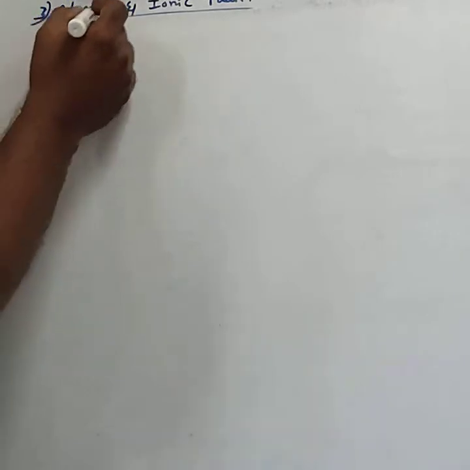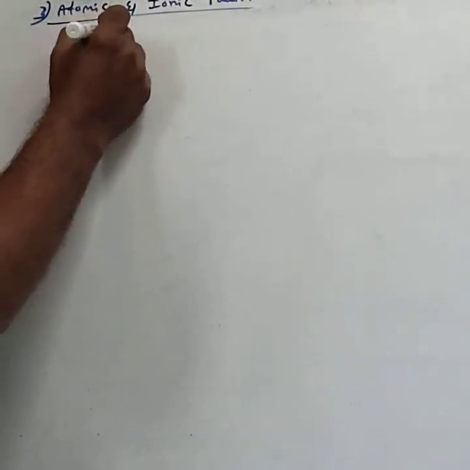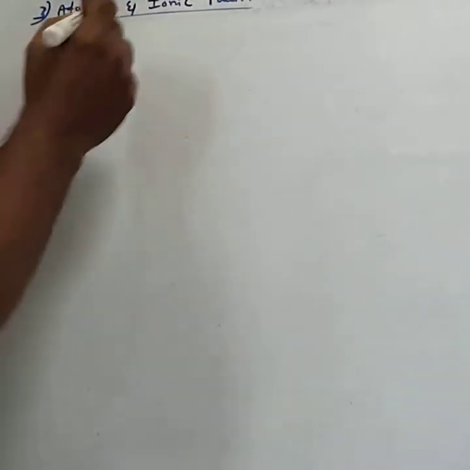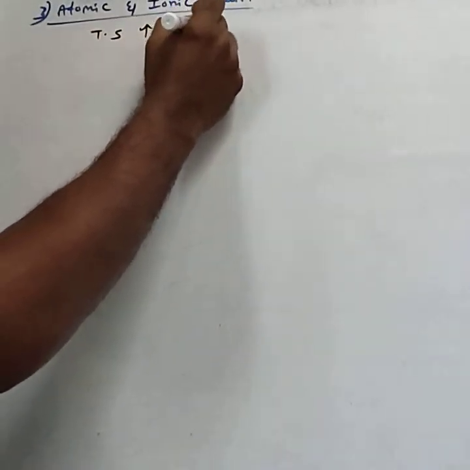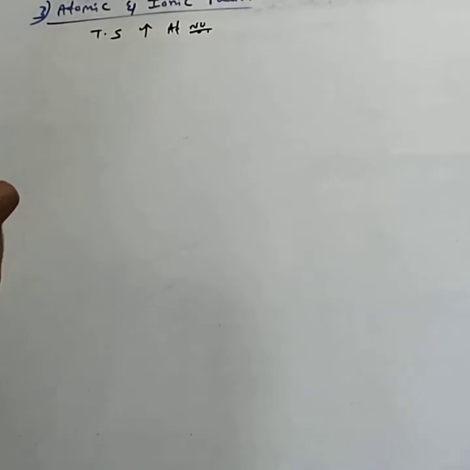In any transition series, with increase in atomic number, the transition series may be the 3d series or first transition series, second transition series, third transition series and fourth transition series. Among these, the fourth transition series is incomplete.